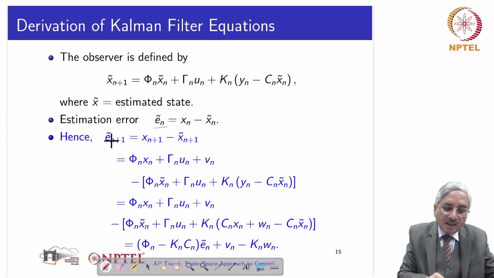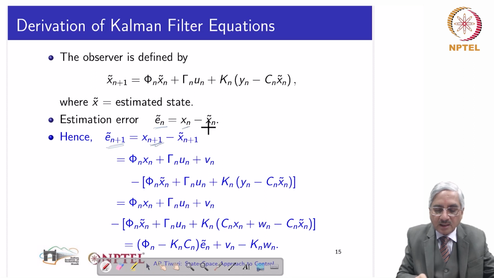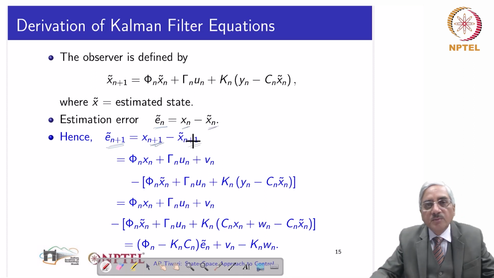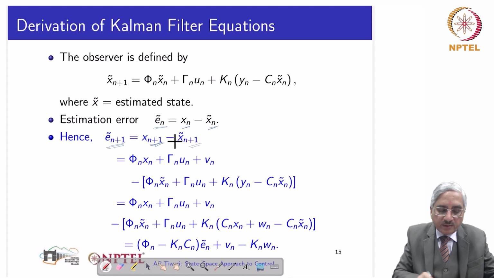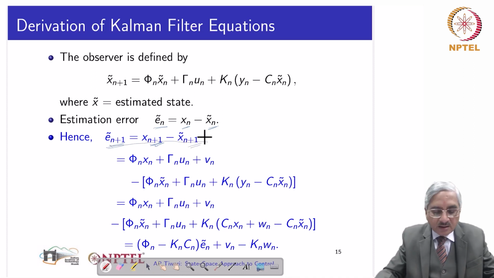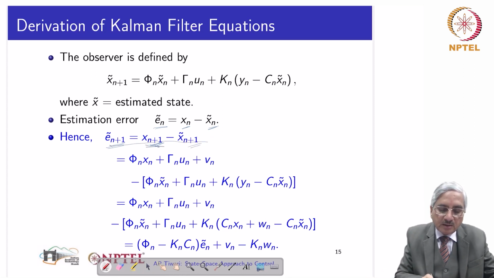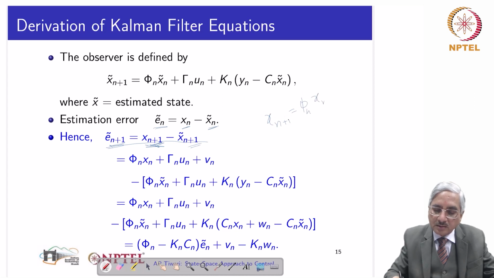From this, at the n plus 1th moment, e tilde n plus 1 is x at the n plus 1th moment minus x tilde at the n plus 1th moment. So we have this expression, and in that we substitute x n plus 1 from the dynamical system equation: x n plus 1 is phi n xn plus gamma n un.